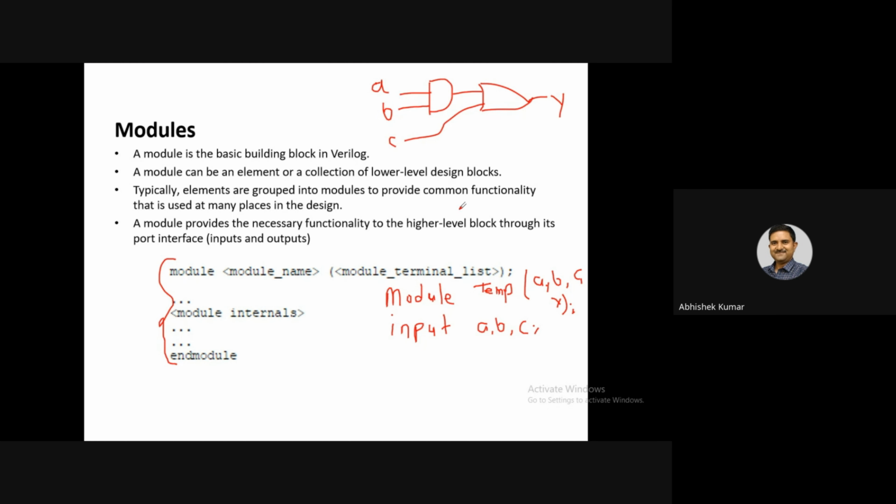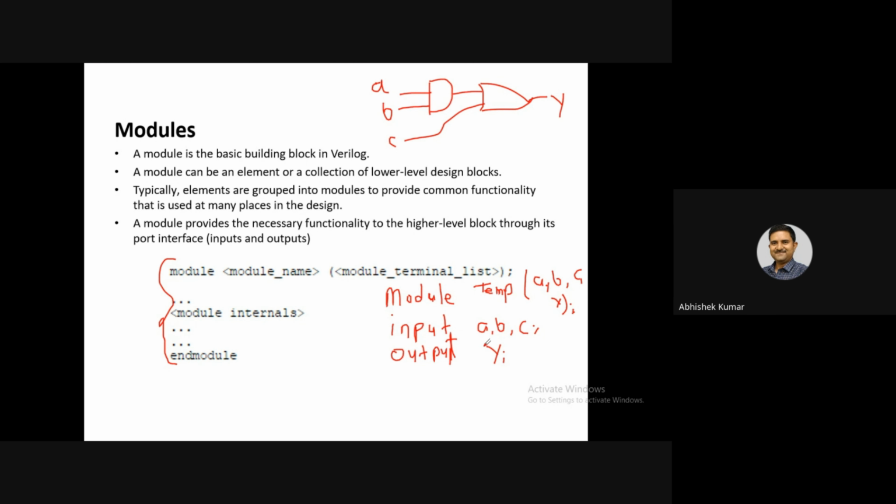So three input ports A, B, and C, and we have one single output port, that's Y. So for every program, first these three statements will be compulsory: module name, list of input output, then input port, write all the names, output port, write all the names.